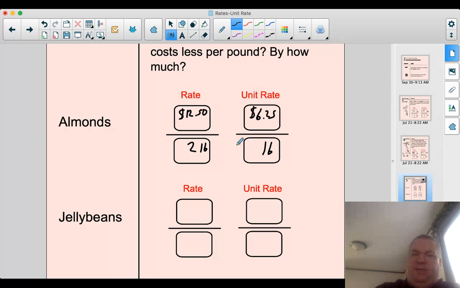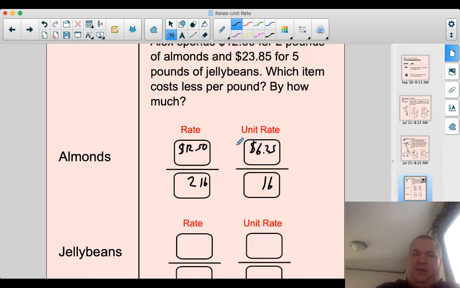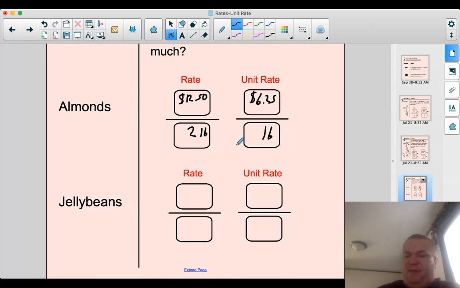Okay. For jelly beans, I want the cost per pound there. So the cost is $23.85. And that gives me 5 pounds. So $23.85 divided by 5. That's going to give me the cost per pound. Okay, so $23.85 divided by 5.